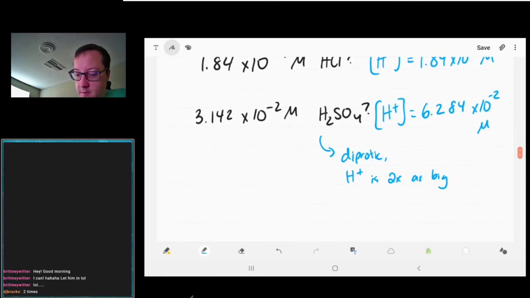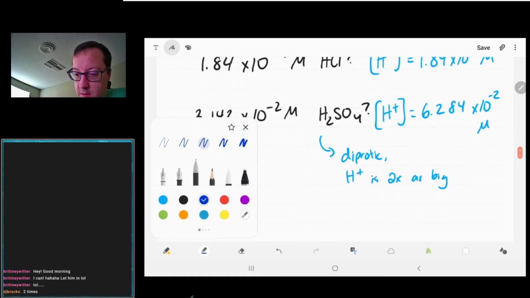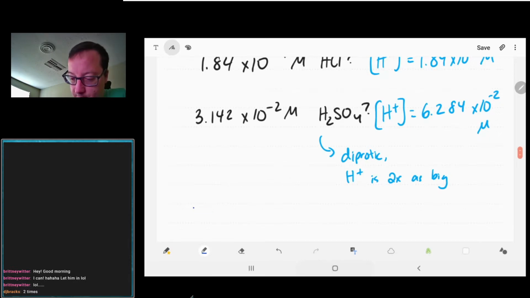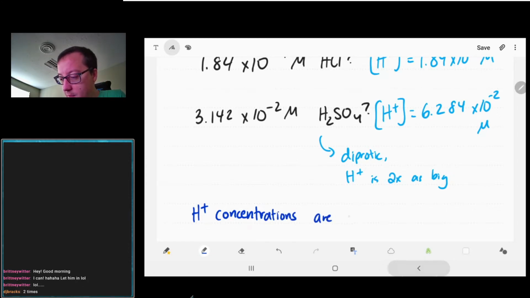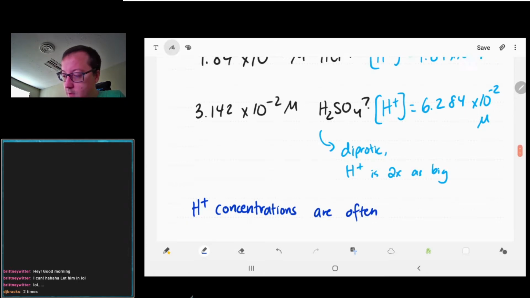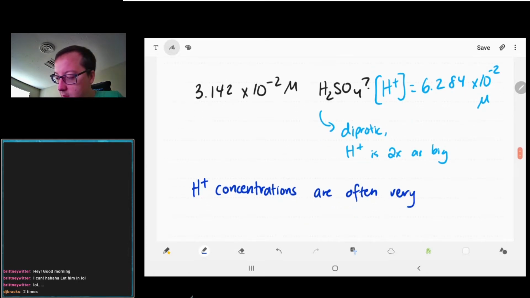Alrighty. So we're going to see that H plus concentrations are often very, very small.